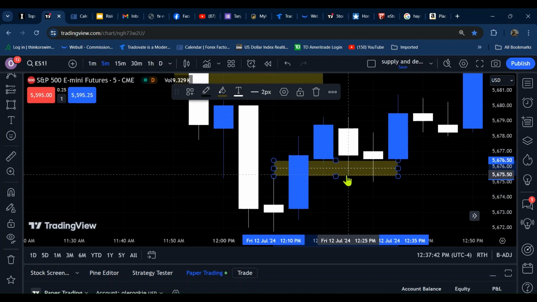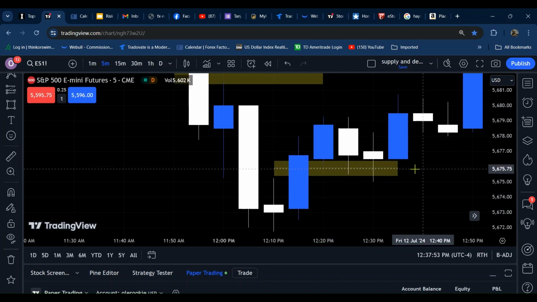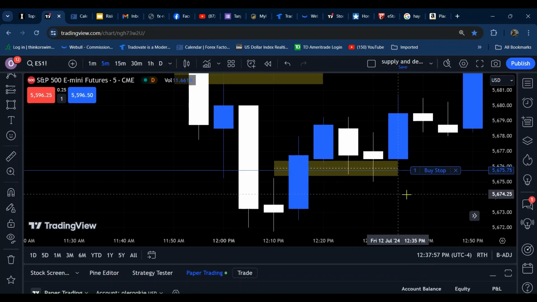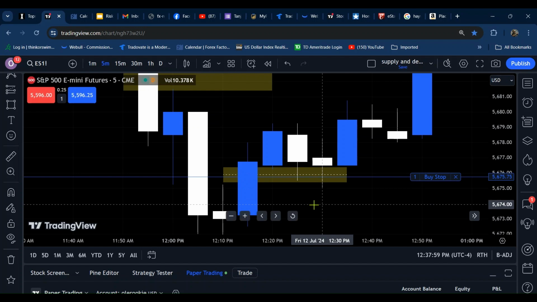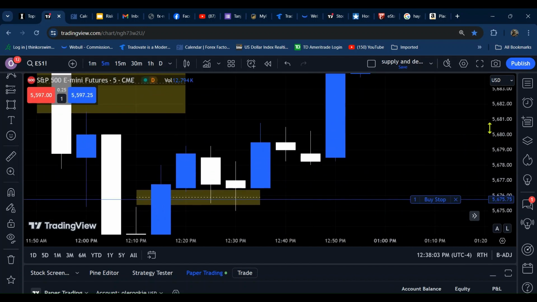You can see these wicks were coming out, taking out stop losses for people. But the bodies respected this little fair value gap, so you would be good. Go ahead and put your buy order in right there. Price would have wicked down, caught it, and then you'd have been good for whatever take profit you wanted.